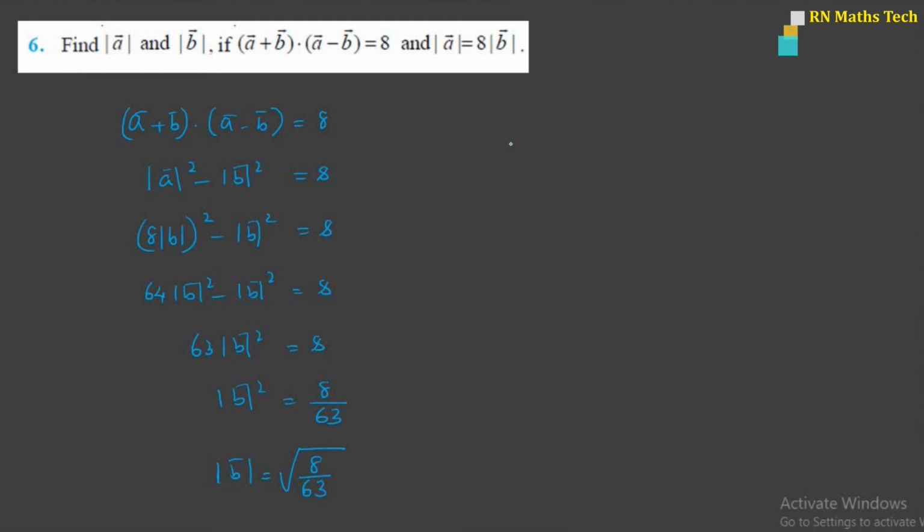And |a⃗| = 8|b⃗|, that is 8 into root of 8/63.